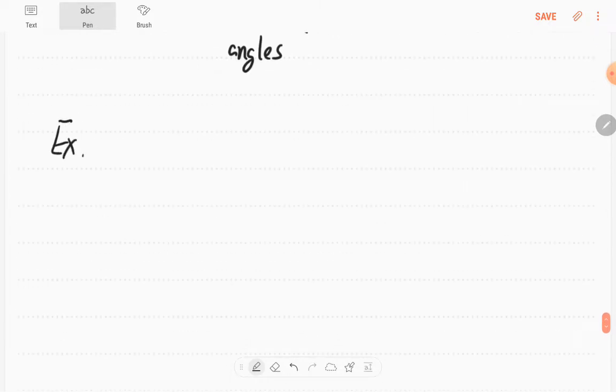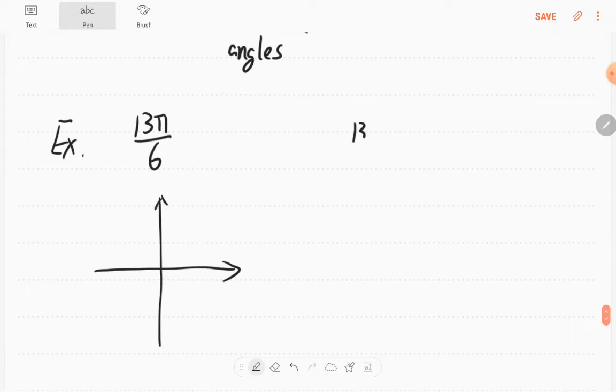So if you have 13 pi over 6, let's find one coterminal angle. We notice that if you subtract 2 pi, you get pi over 6. So pi over 6 is the coterminal angle.